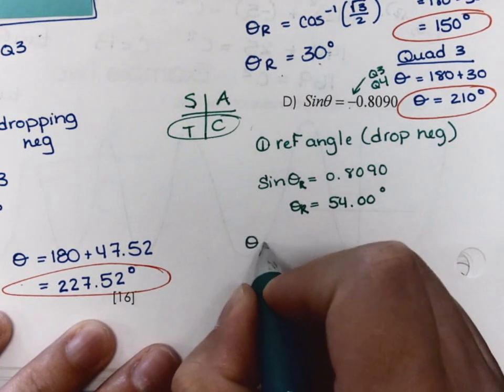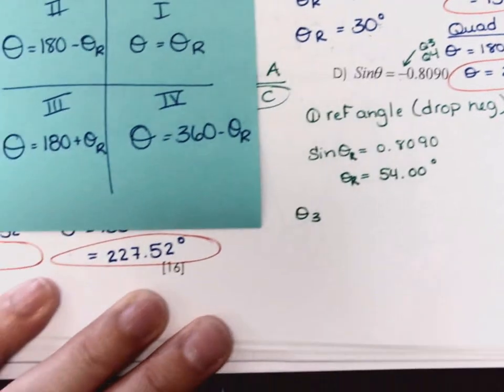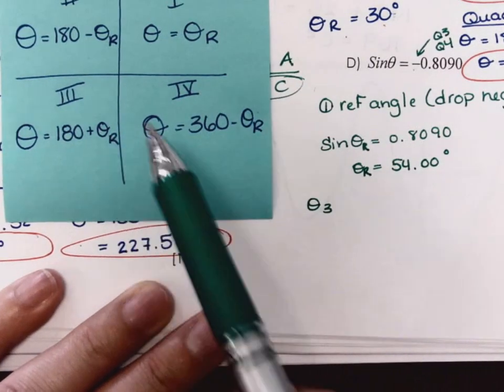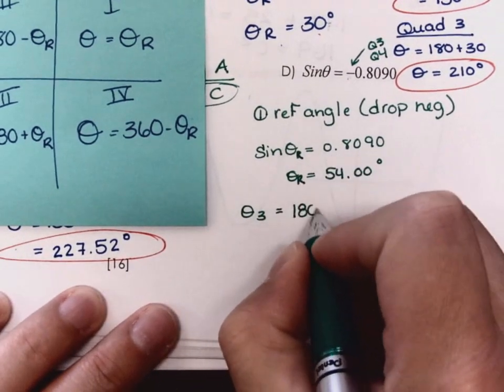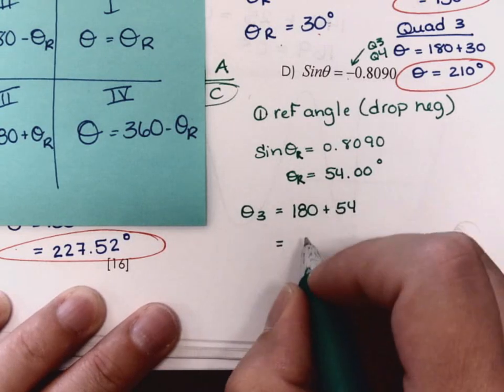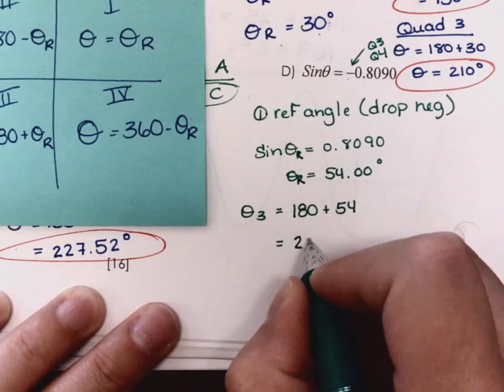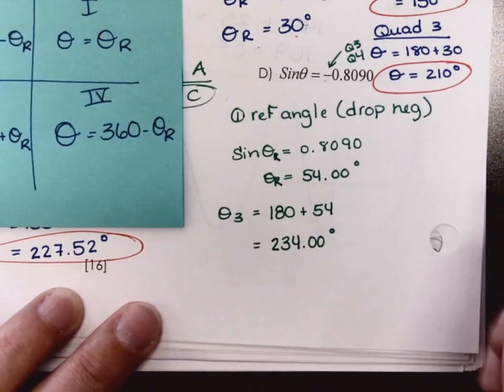Okay, so for quadrant 3, let me grab my sticky note. For quadrant 3, the rule is 180 plus theta reference. 180 plus 54. So we are going to have 234.00 degrees.